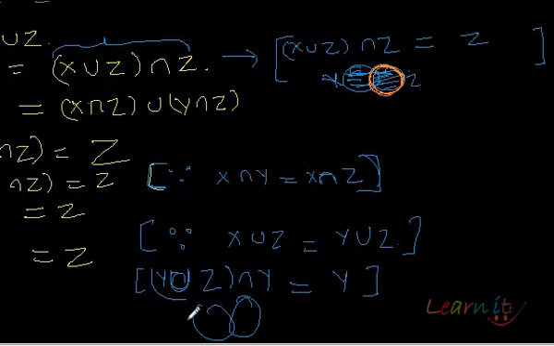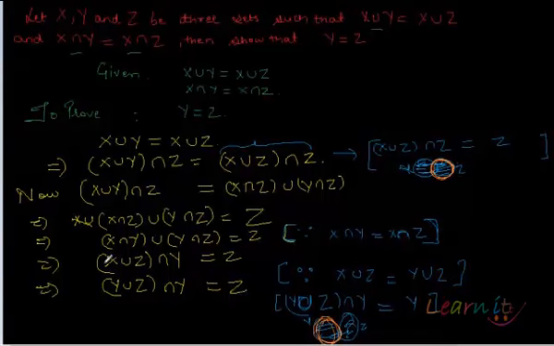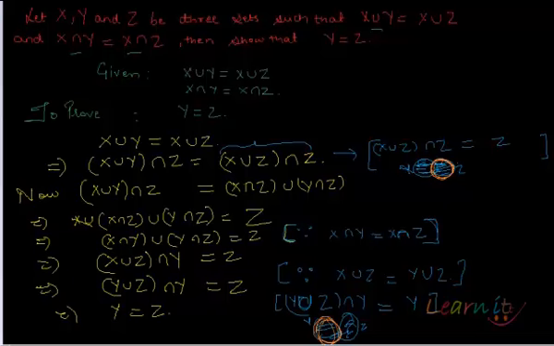Because see, again, if this is Y, this is Z, the union contains complete this. But if you take intersection with Y, the only part that remains is Y. So this implies Y equals Z. Okay, and we have proved what we wanted to.